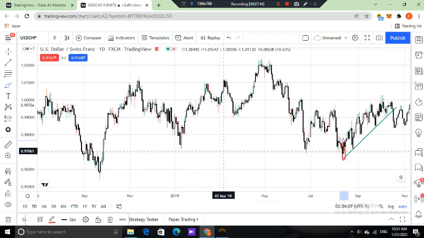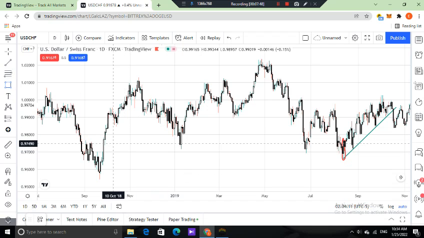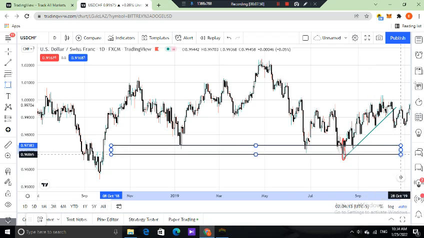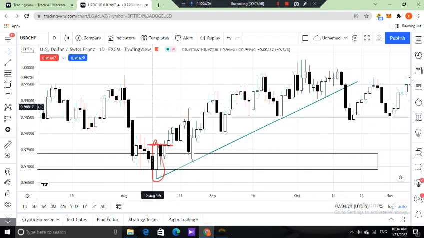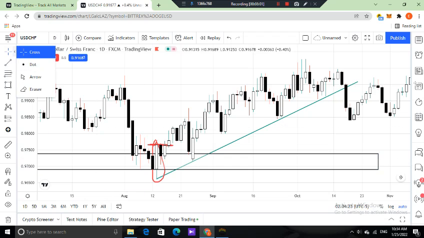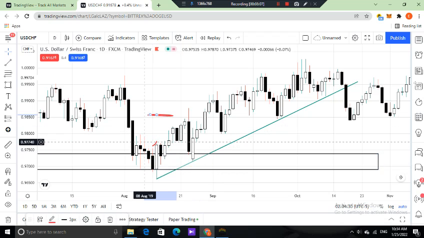Based on your analysis, you might conclude that here we have this support area, and it's likely we see a reversal from here. So it makes sense to take a long position here.